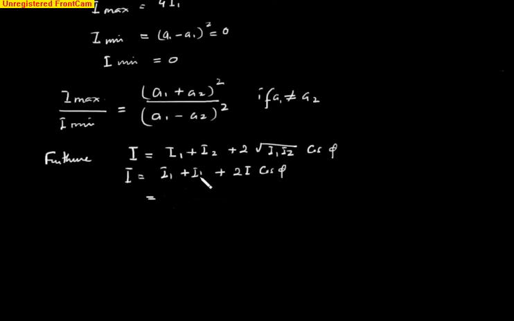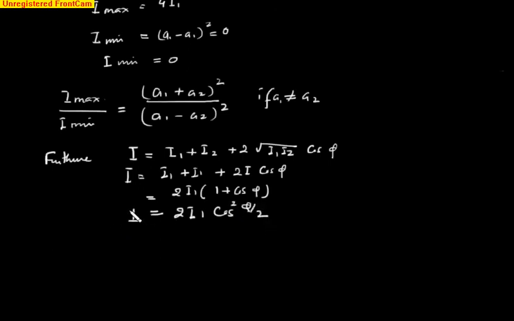In that case we have 2I1 here, so I can take 2I1 common: 1 plus cos of phi, which can be written as 2I1 cos square phi by 2.